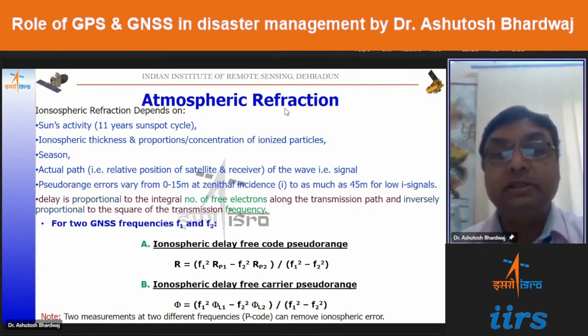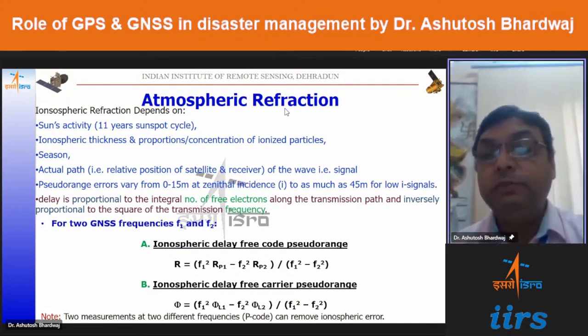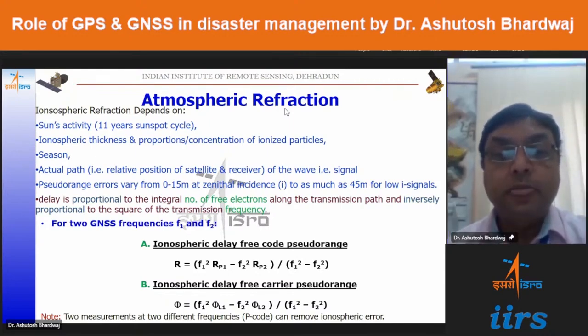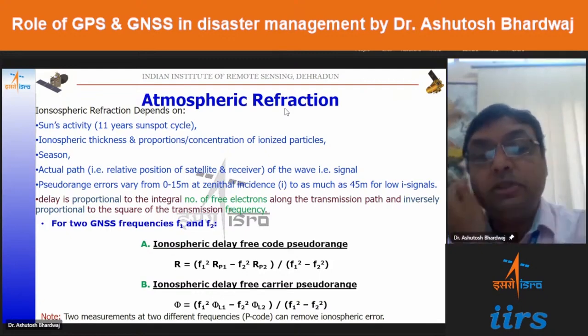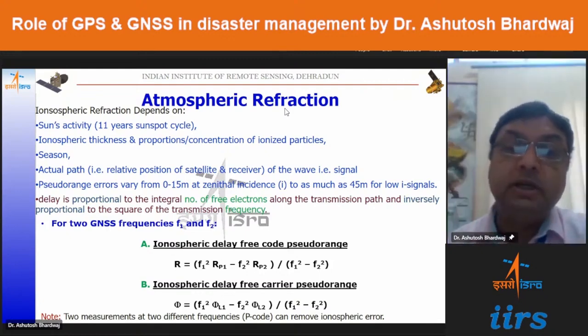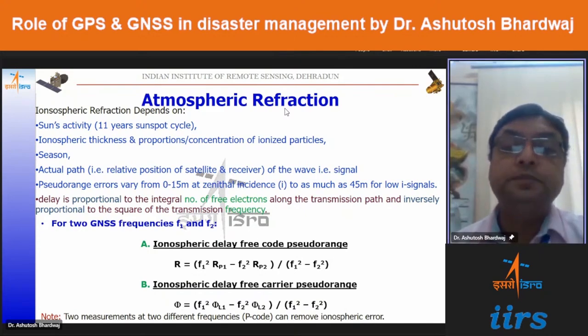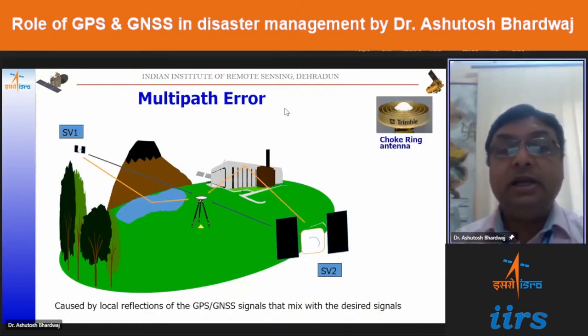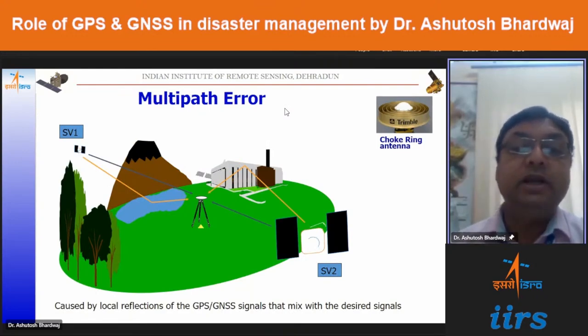So ionospheric corrections can be computed by the use of the P code, which is actually encrypted, and after encryption it is called the Y code. A W key is used for the encryption, but this can be decrypted only in authorized receivers.